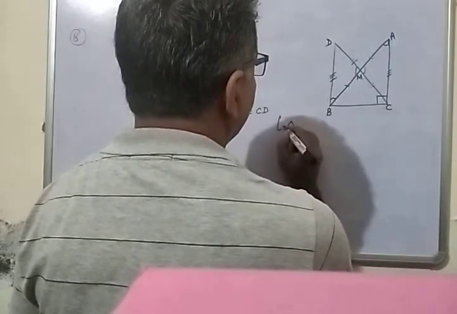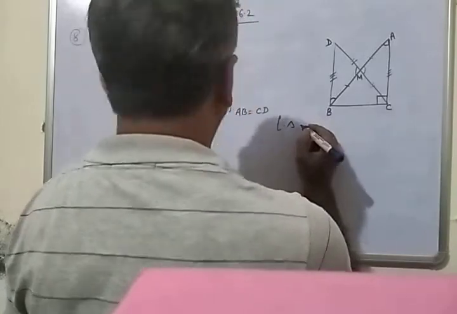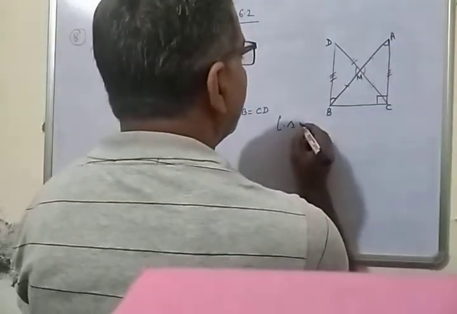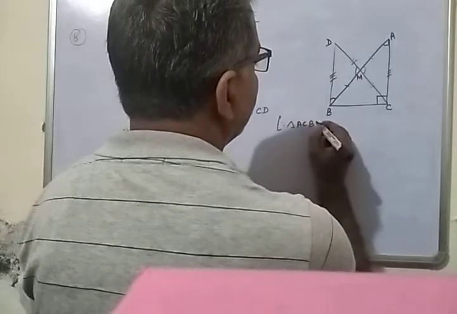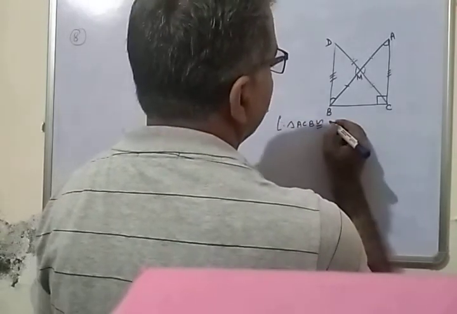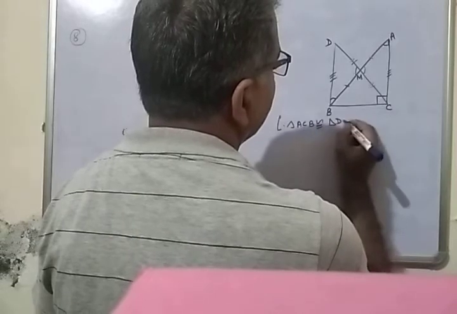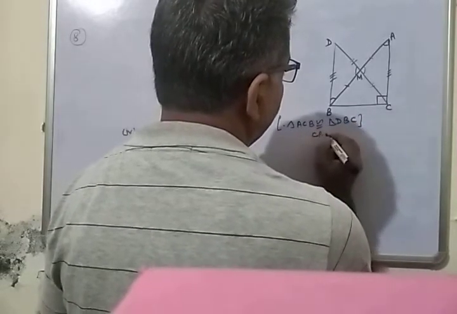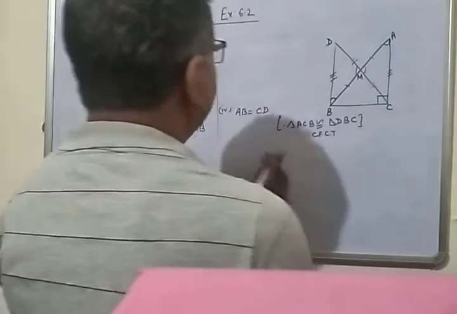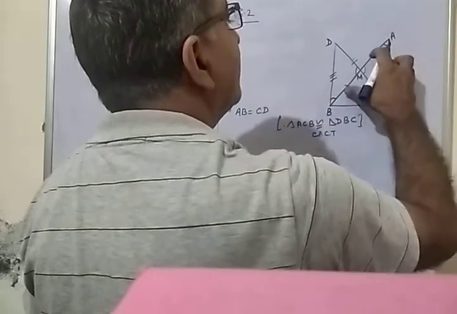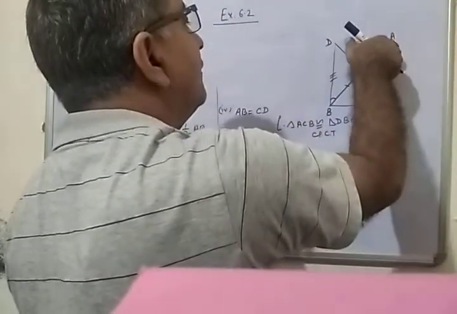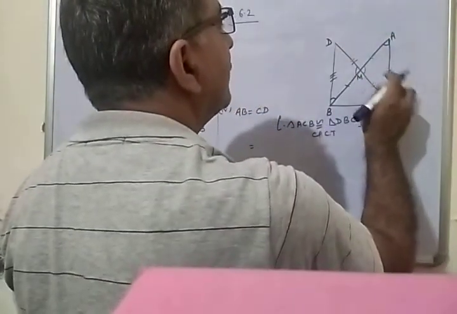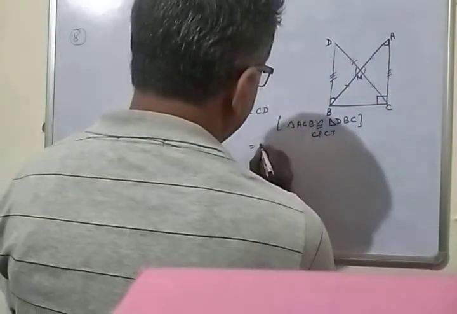Since triangle ACB is congruent to triangle DBC by CPCT, these will be equal. This side will equal this one. Now this is the sum of two parts, CM and MD.